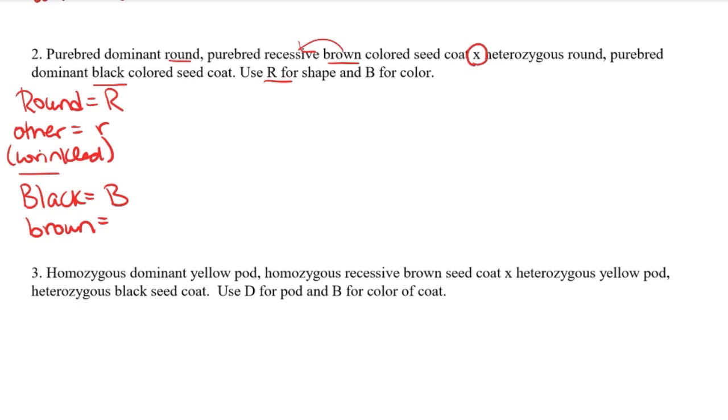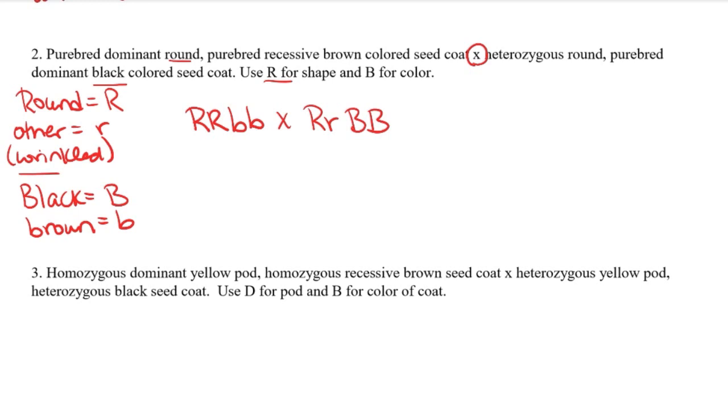And so capital B, lowercase b. It just keeps everything organized. Now for my first parent, a purebred dominant round, so that's going to be two capital R's. And then a purebred recessive brown, so that's going to be two lowercase b's. That's my first parent. And then heterozygous round, so big R, little r, purebred dominant black, two capital B's.